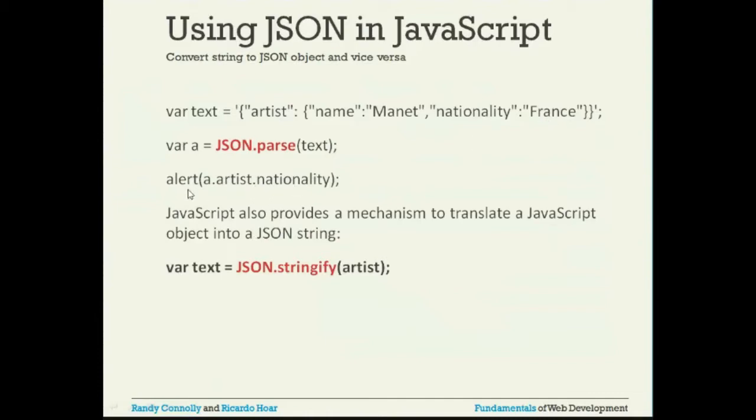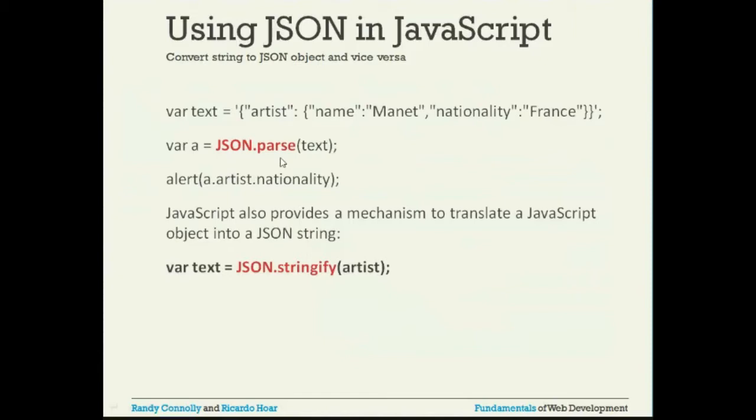And the alert method, as you know, will make a pop-up window and display the text as France. What we did was convert the text containing the JSON format information into a JavaScript object using JSON.parse.